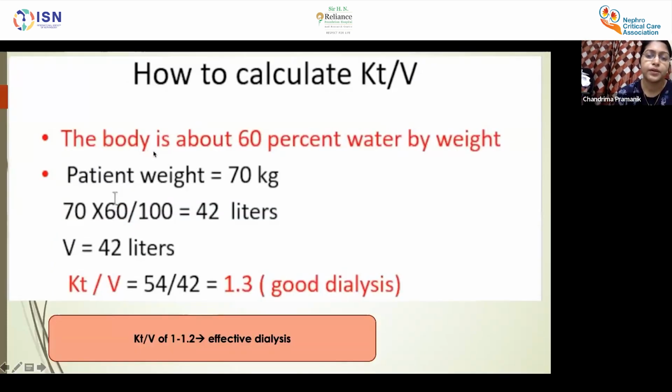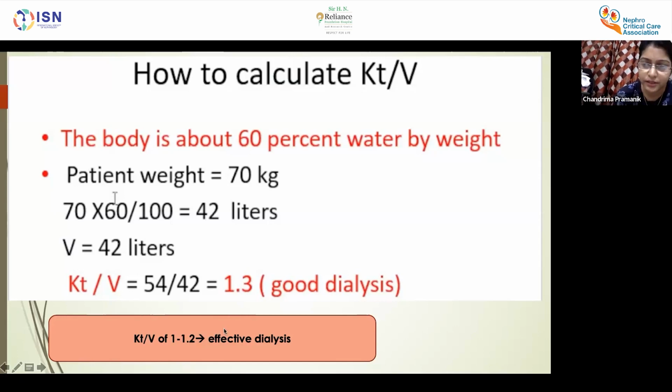Now our body percentage of water is about 60% by weight. So if a patient's weight is 70 kg, the volume of distribution of urea comes around 42 liters. That is 60% of 70, coming around 42 liters. So now if I divide KT by V, it is 54 by 42, which is around 1.3.